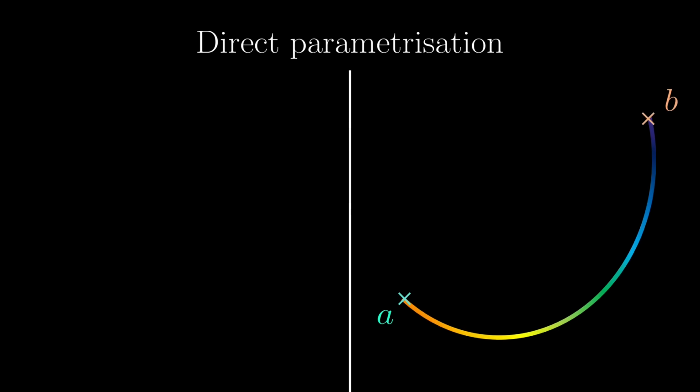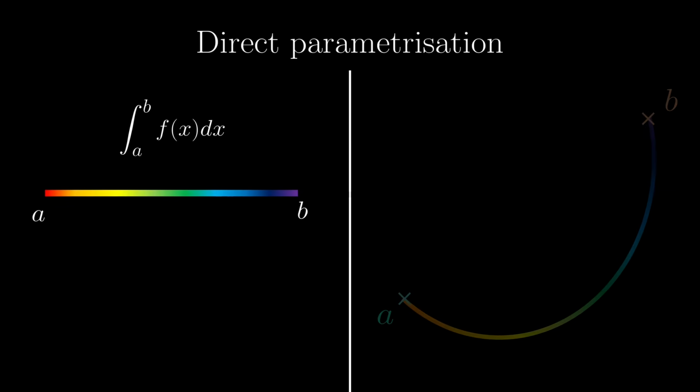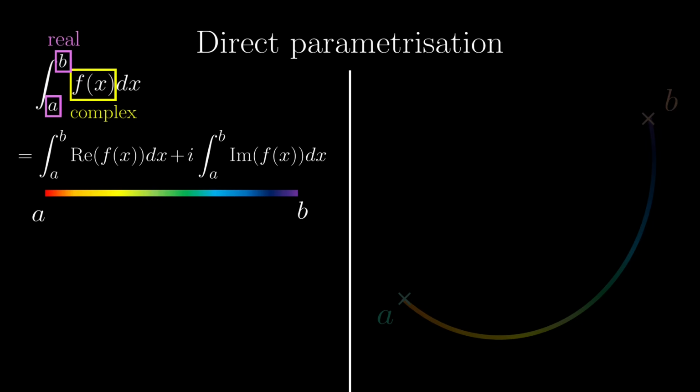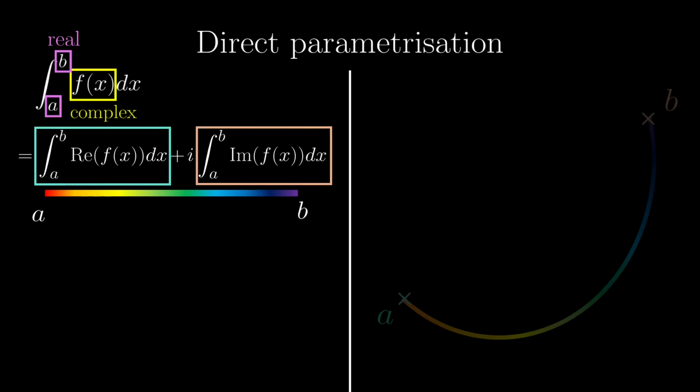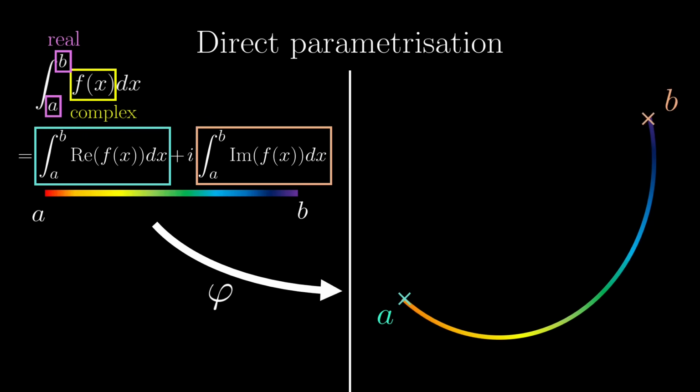Well, we don't know how to do complex things, but we do know how to integrate real functions, or rather, even if the integrand f of x is complex valued, as long as we are integrating over the reals, we can always just separate f of x into its real and imaginary parts, and integrate each part separately. So, what if, somehow, we can apply another function phi that transforms the real path over to the complex path? Then we can just focus on this familiar setting.